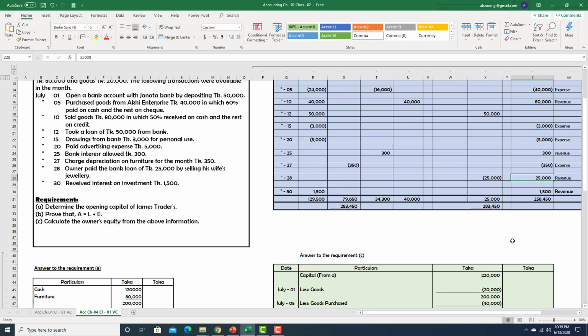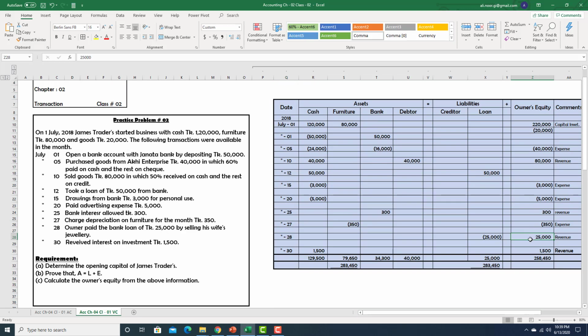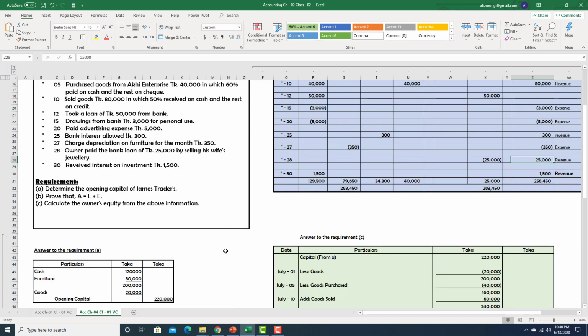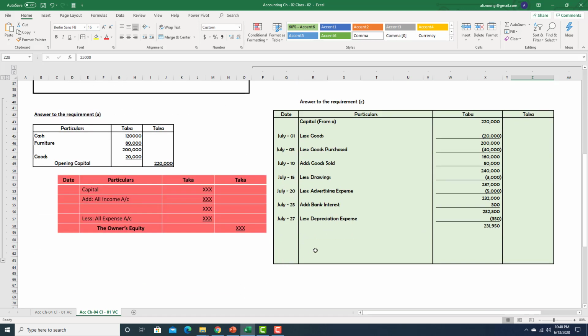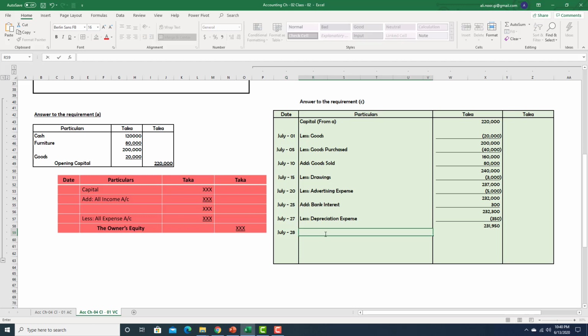And then 25,000 is added to the owner's equity. So what was the transaction? July 28, owner paid the business loan or bank loan. So July 28, this is additional capital.